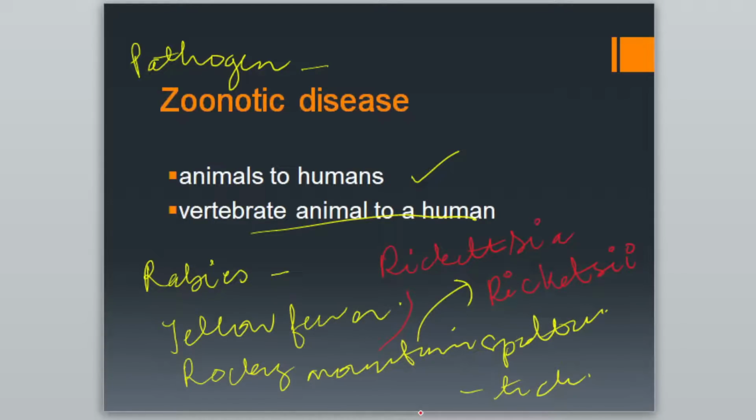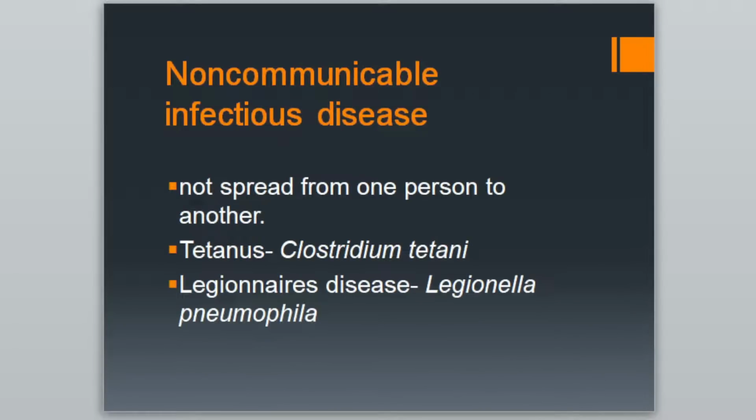Clear? Now, coming to another topic, that is non-communicable infectious disease. See, a non-communicable infectious disease is not spread from one person to another, as its name signifies. For example, one is tetanus. It is caused by Clostridium tetani, a bacterium that produces endospores.